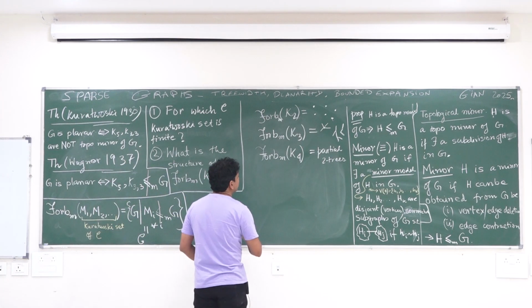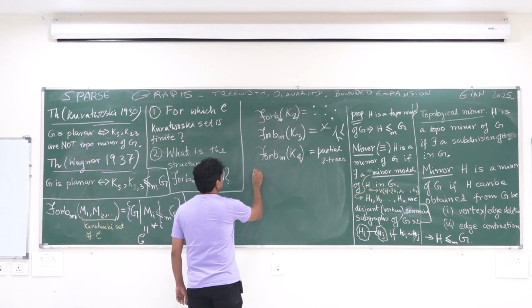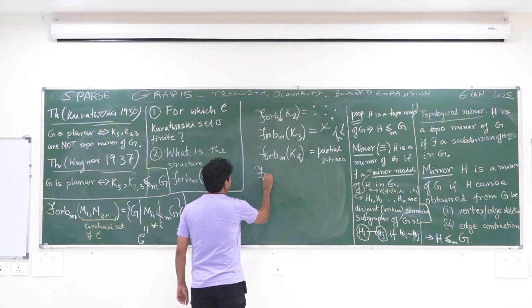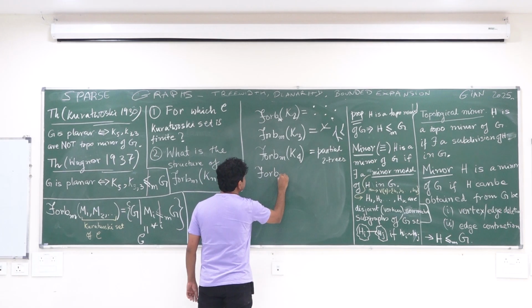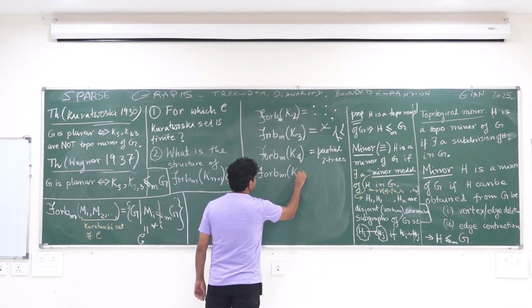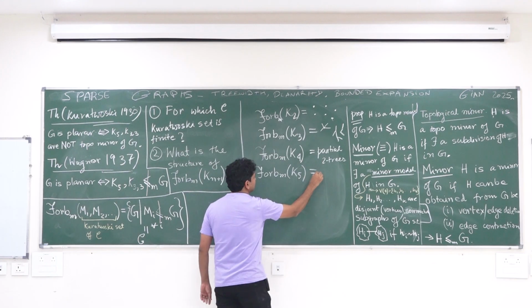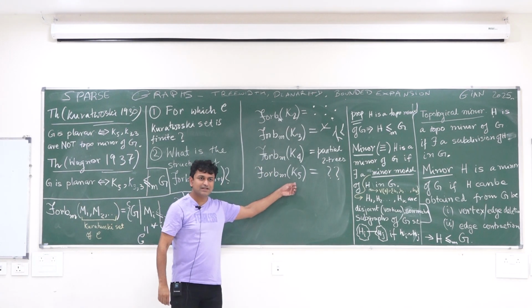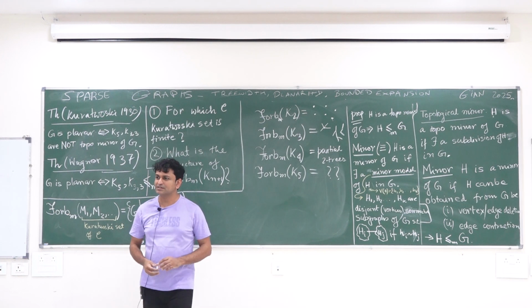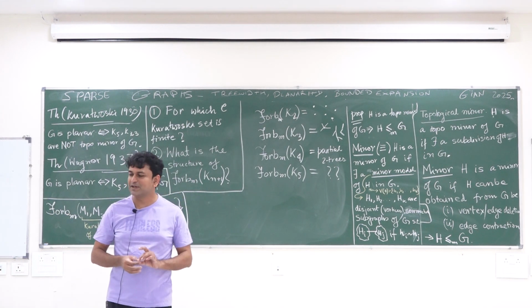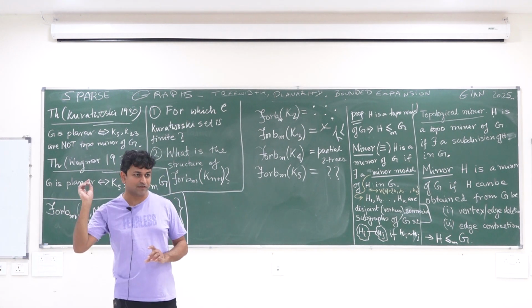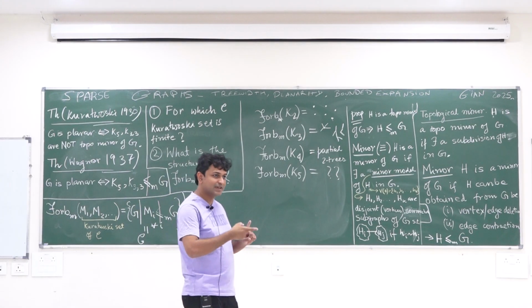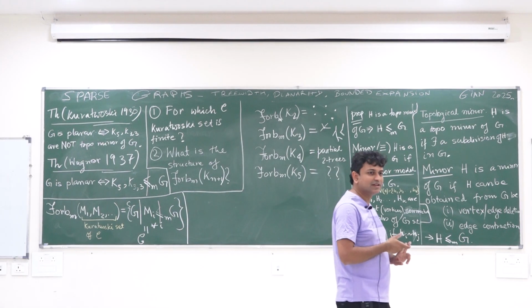I will circle to this problem later on. K5. Can you say a subclass of this at least? Planar. Because planar, due to Wagner, doesn't have K5 and K33.